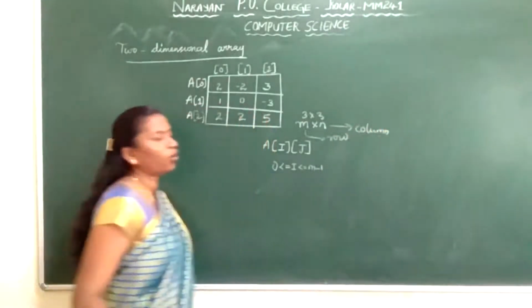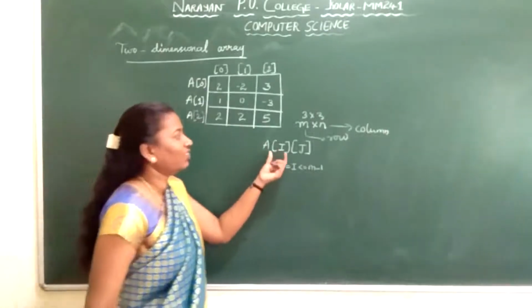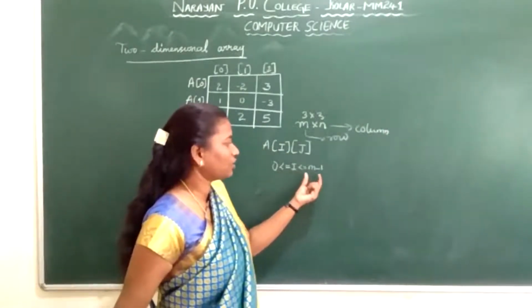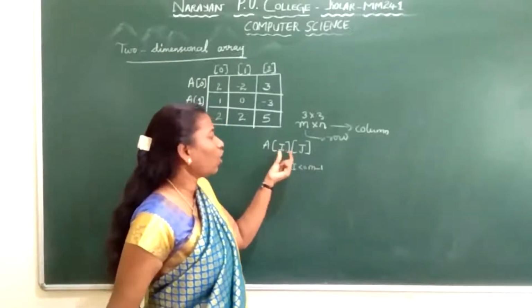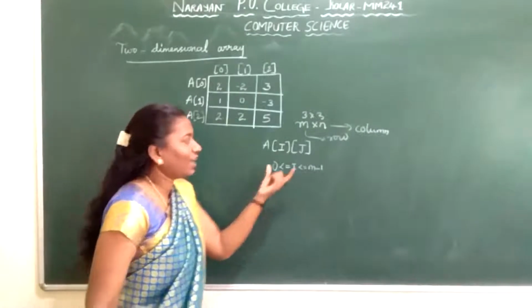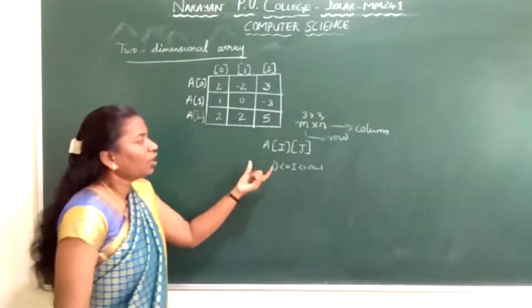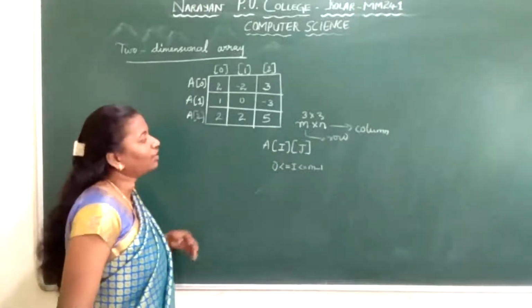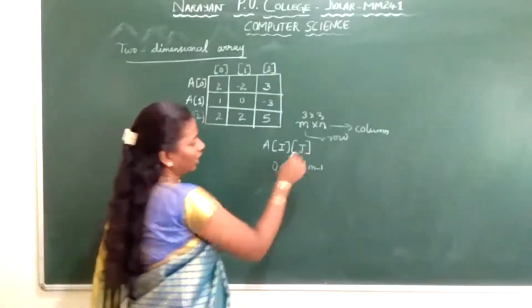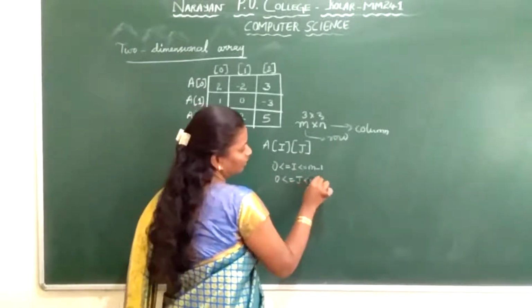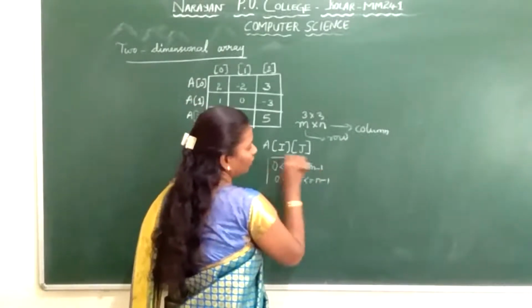So here i represents the row, with 0 less than or equal to i. The ith row and jth column can be identified using the two indices, i and j. For j, we have 0 less than or equal to j, which is less than or equal to n minus 1.